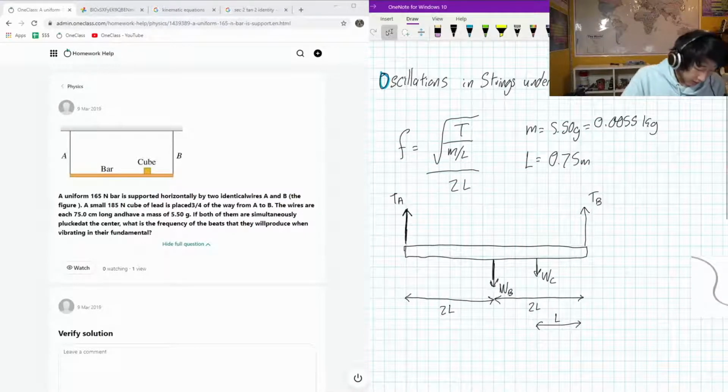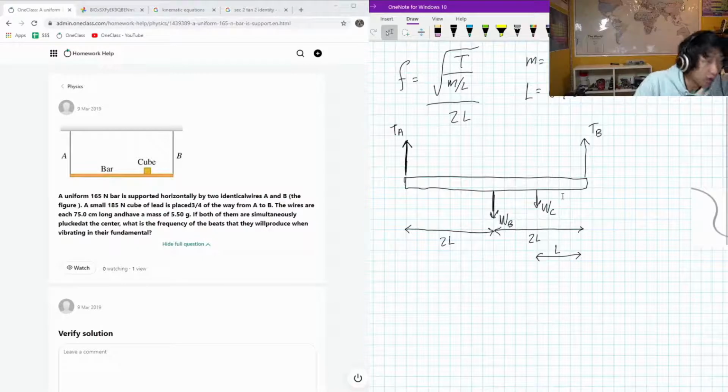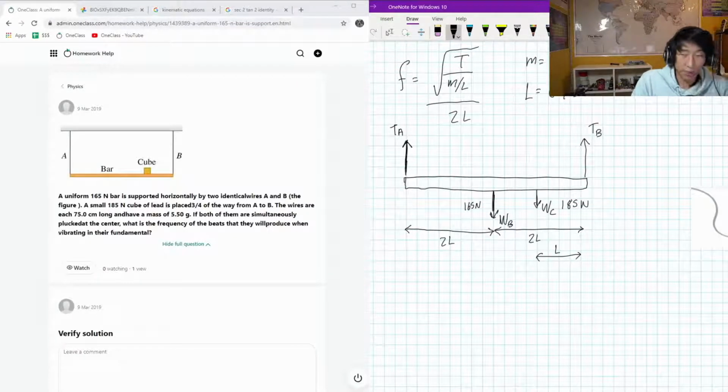Okay, so to find the tension here, we know that the force from the bar itself is 165 newtons, and the weight from the cube is 185. Now, we have to find the amount of tension in each of the cables individually.